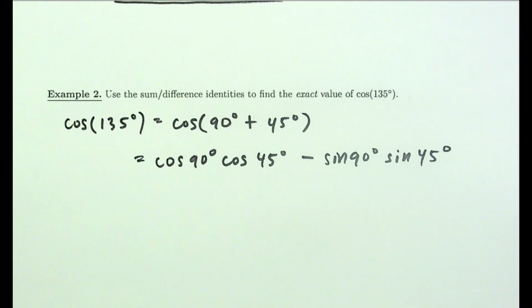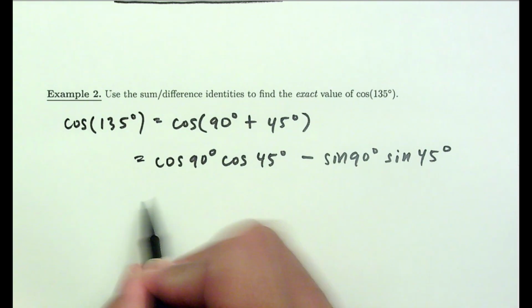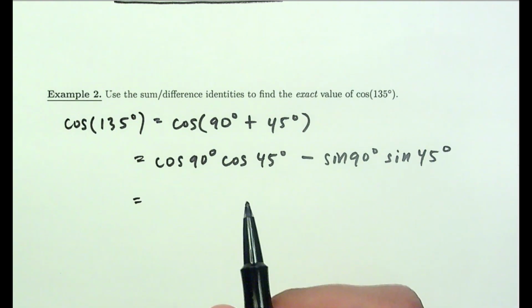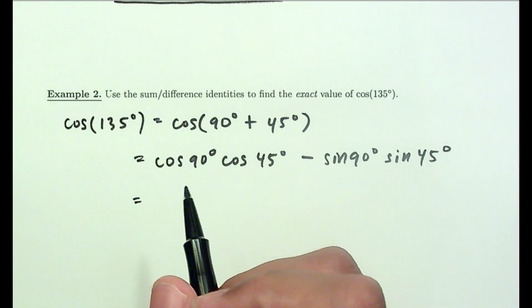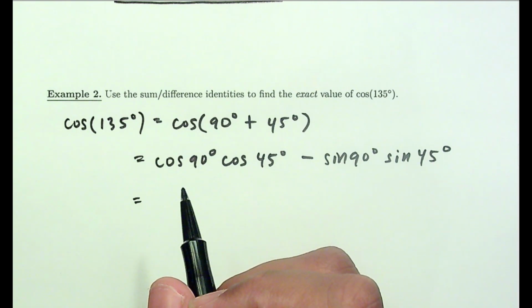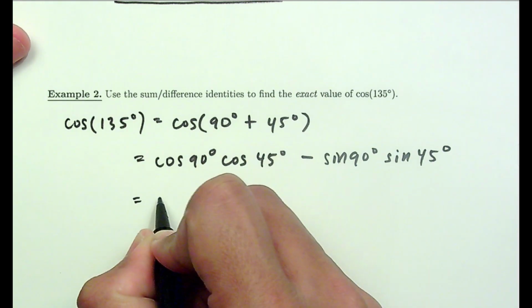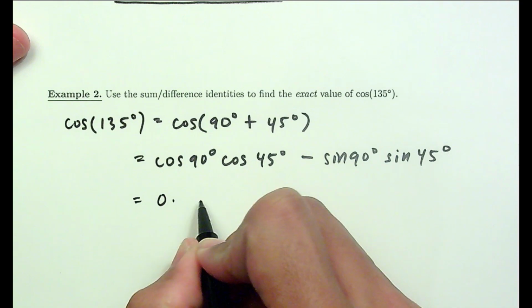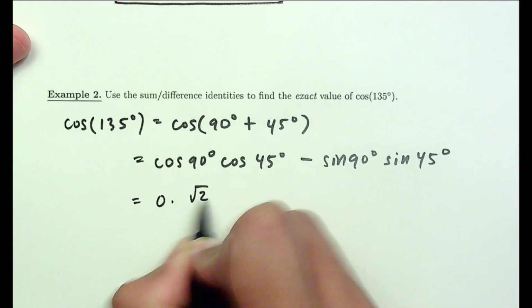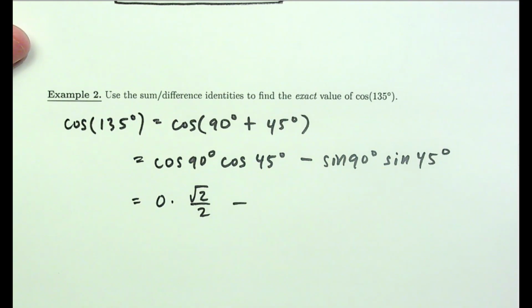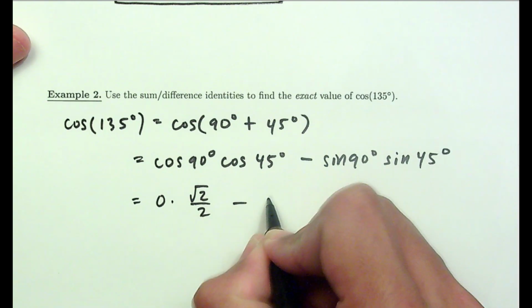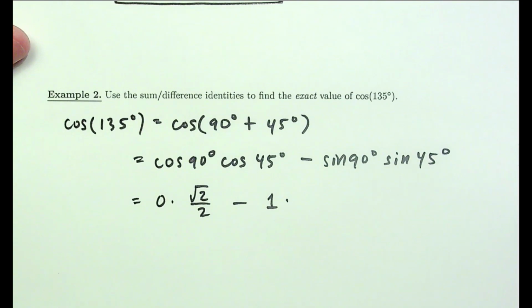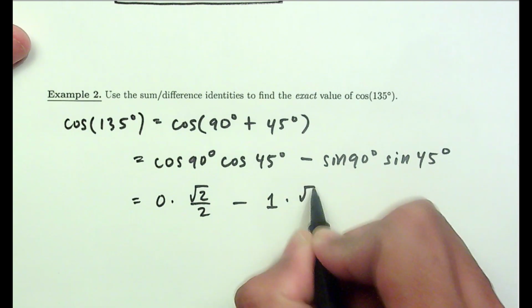Okay, these are special angles. We should know what these are off the top of our heads. Cosine of 90 degrees is 0. Cosine of 45 degrees is square root of 2 over 2. Sine of 90 degrees is 1. And sine of 45 degrees is square root of 2 over 2.